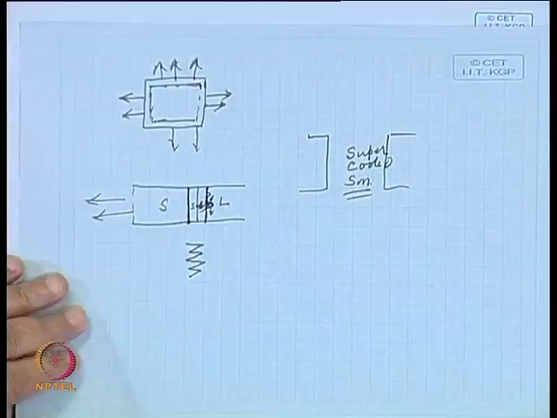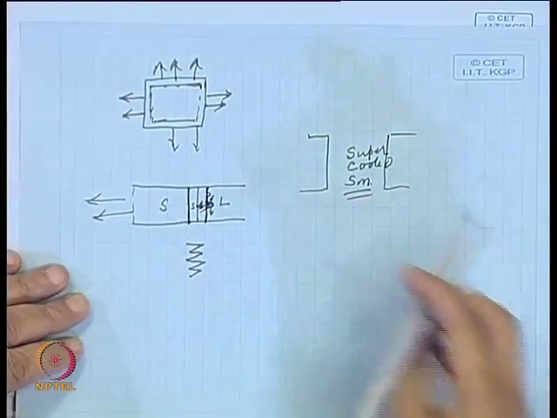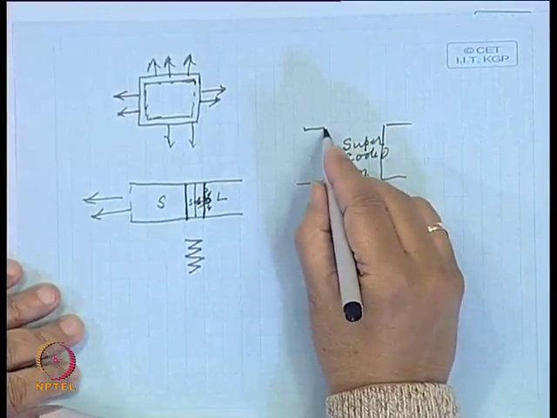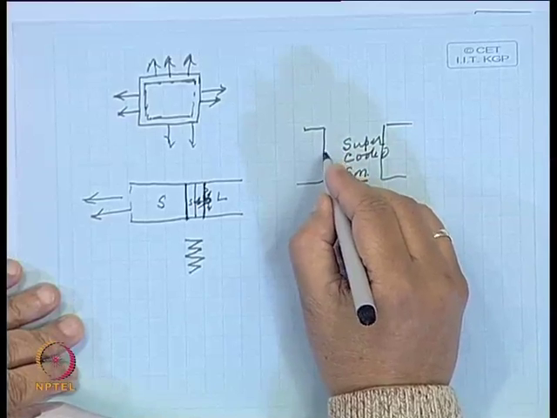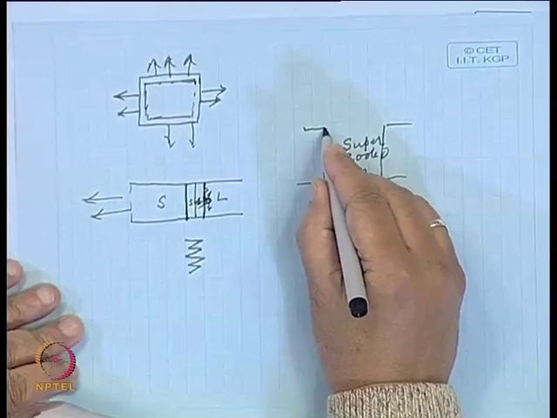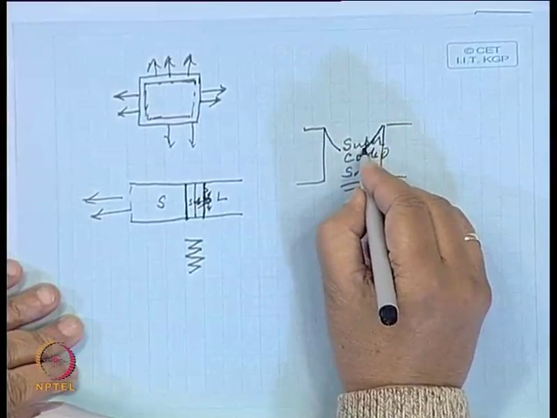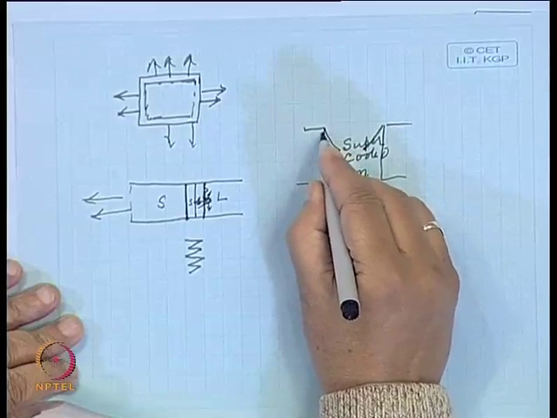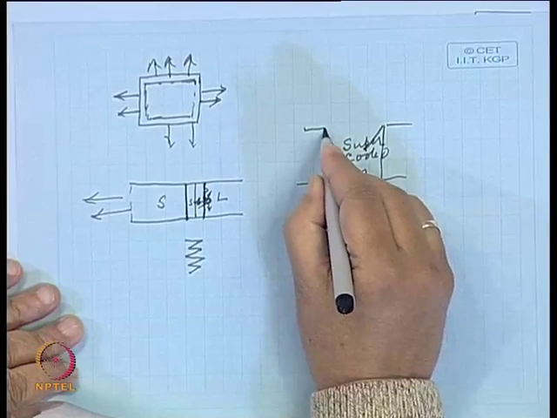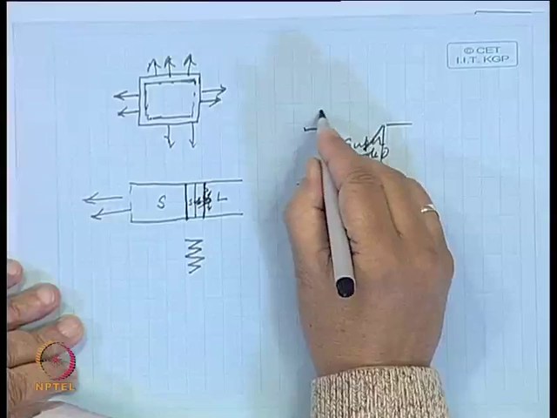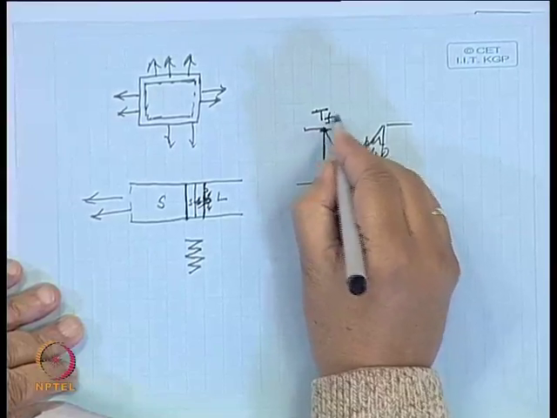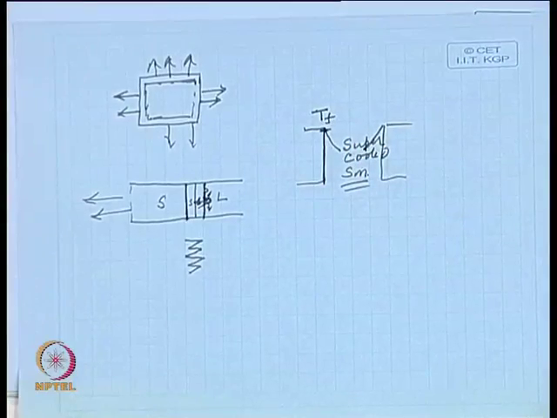In this case, it is possible to maintain a temperature gradient. When you pull it and solidification starts, the temperature goes up. So, here you will have the temperature maybe like this. This is the freezing temperature of that metal.